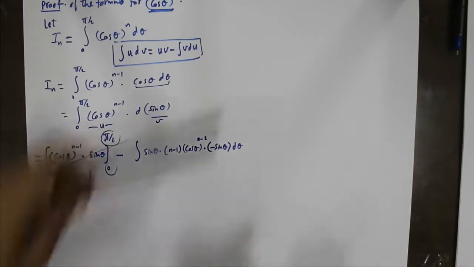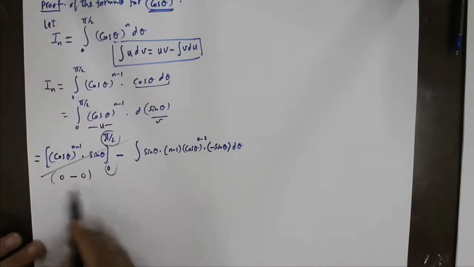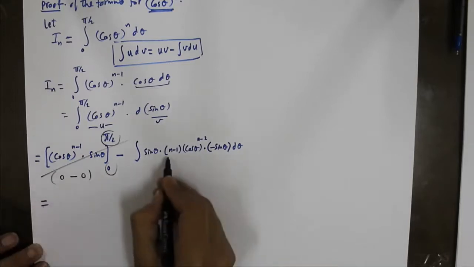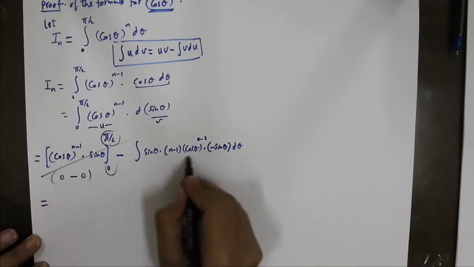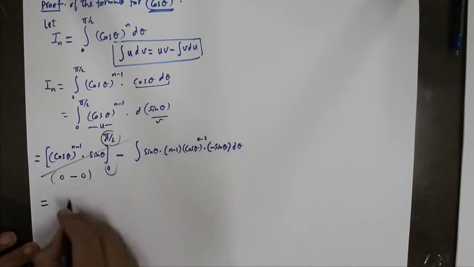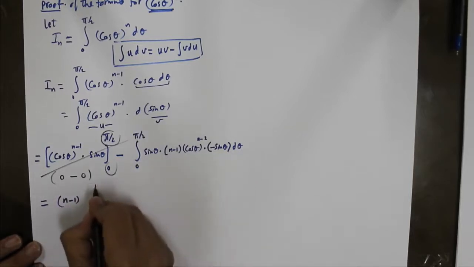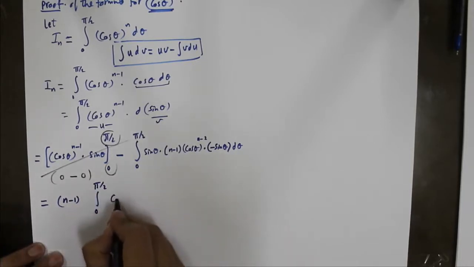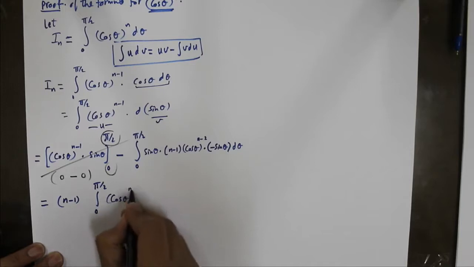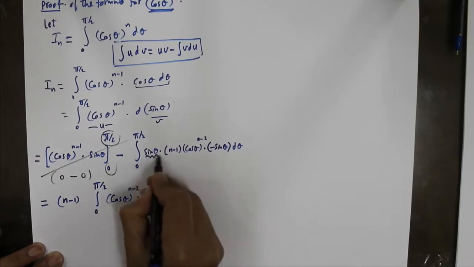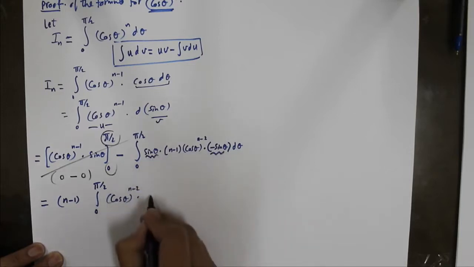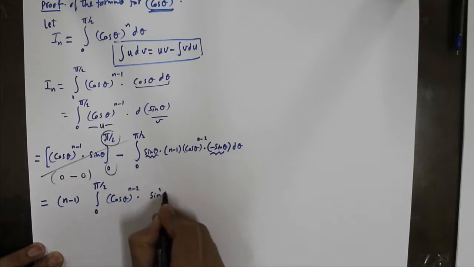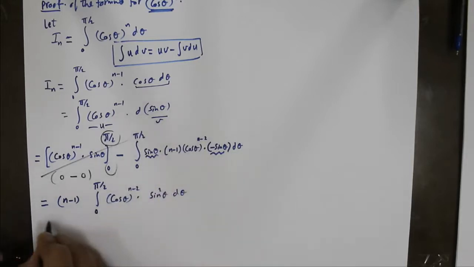So the situation is as you see now. We can multiply and take this negative sign out and this n minus 1 out to get n minus 1 times the integral from 0 to pi over 2 of cosine theta to the power of n minus 2 multiplied by sine theta times sine theta. This will give you sine squared theta d theta.